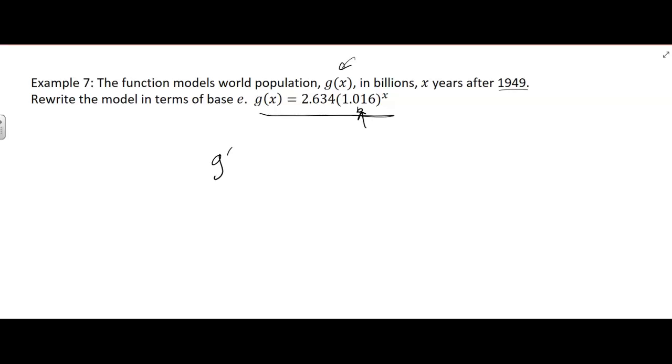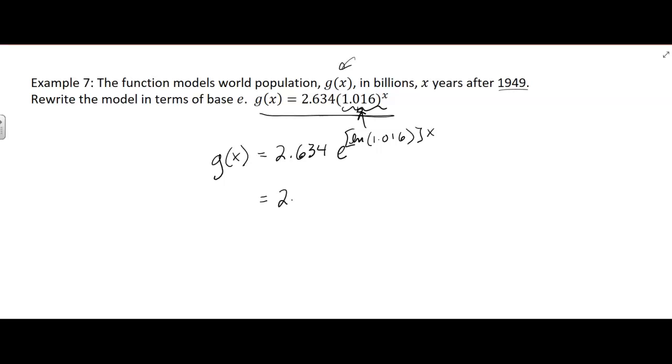So we're going to replace, we'll keep the 2.634, but we're going to replace that 1.016 with e to the natural log of 1.016 times x, okay? And so that's all true and good.